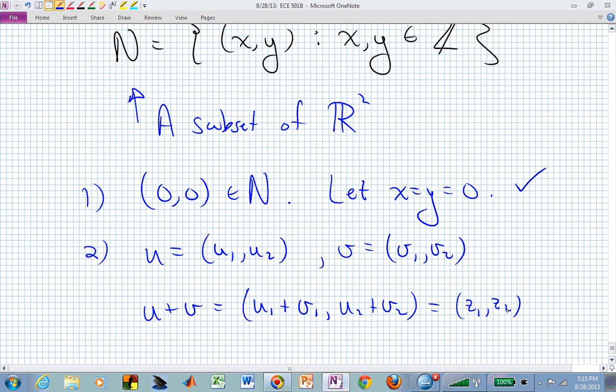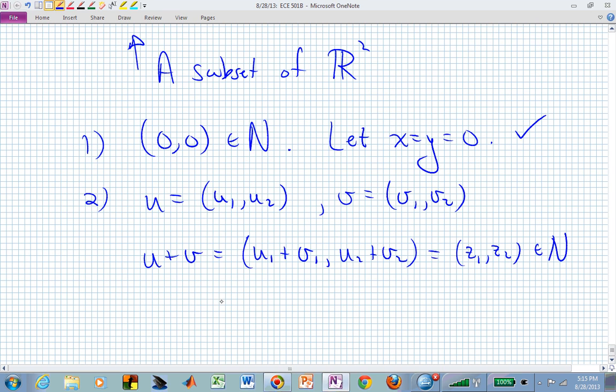We could call that (z1, z2), and that's also in N, isn't it? Adding and subtracting integers is going to give us an integer. So it's closed under addition, since these results, z1 and z2, are integers.